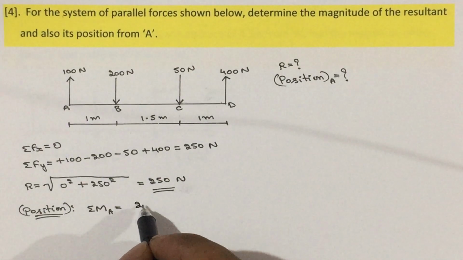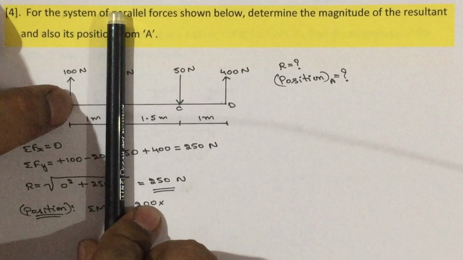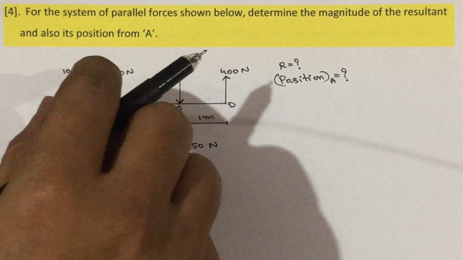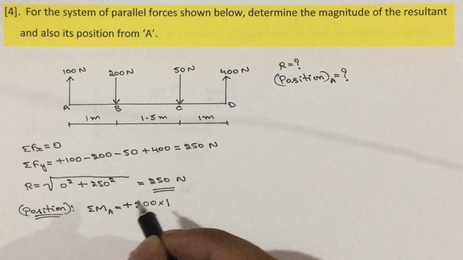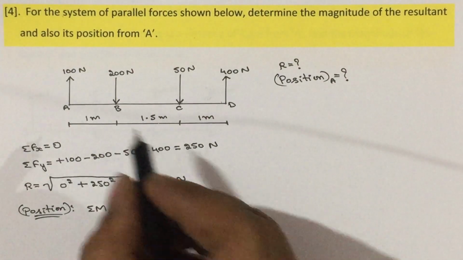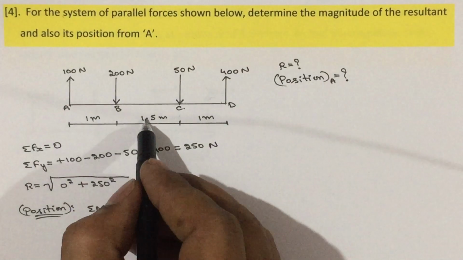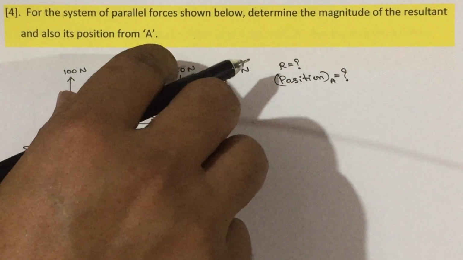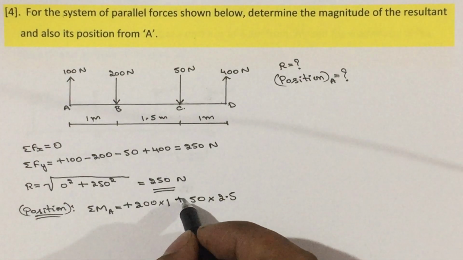Then 200 into perpendicular distance between this 200 line and point A is 1 meter, and it is rotating clockwise, so positive. Then next force is 50 into perpendicular distance from this 50 Newton line to the A point is 1 plus 1.5, that is 2.5, and is rotating clockwise, so it will become positive.